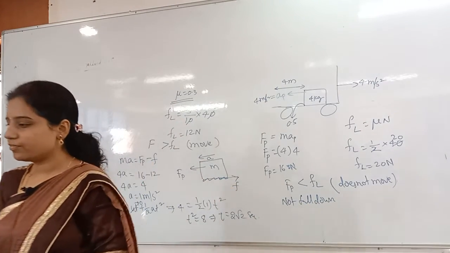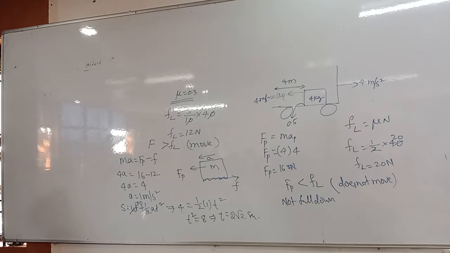For the above problem, if the coefficient of friction is 0.3, then find whether it falls or not, and also find the time taken to fall down. Copy that second part.